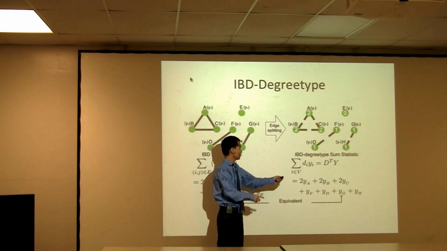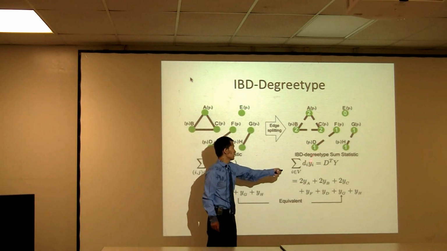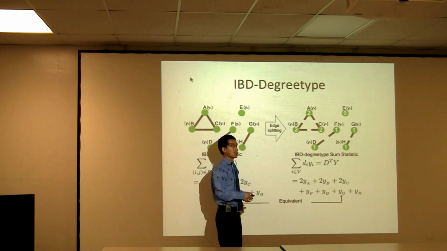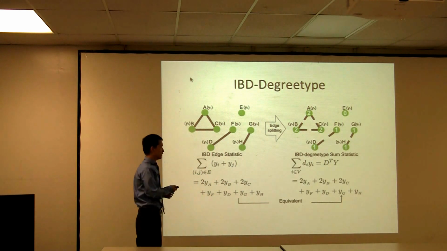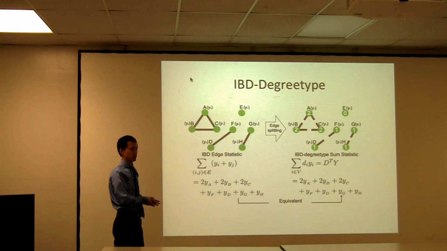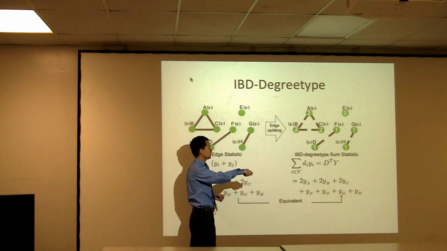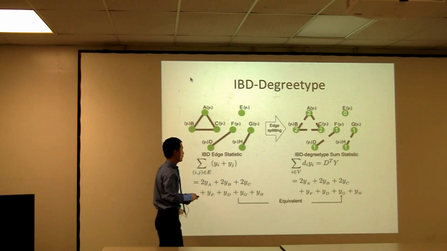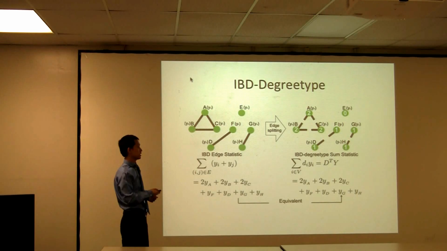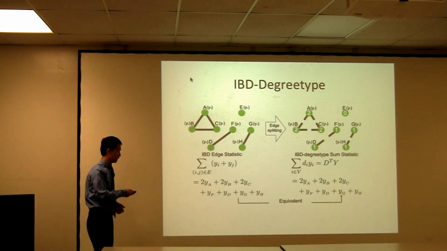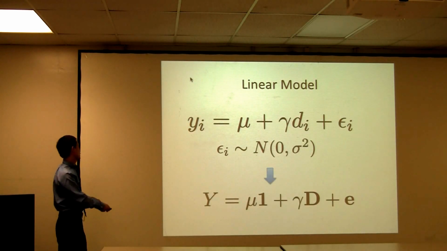So we can see that this d transpose y is highly similar to the estimate in a linear regression. Under the assumption that the phenotype value follows a normal distribution with variance sigma squared, I develop a linear model here.